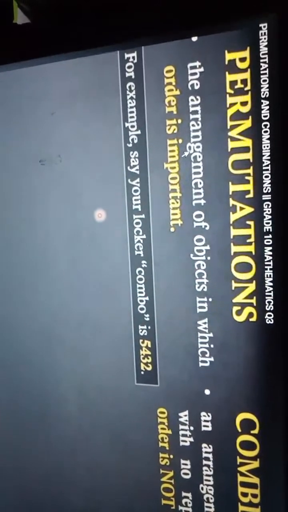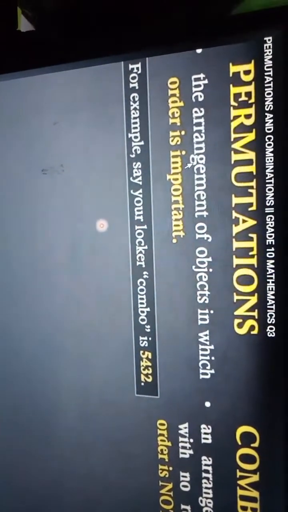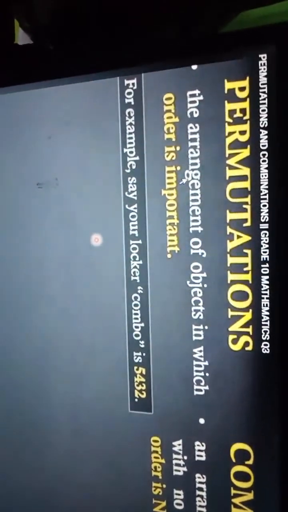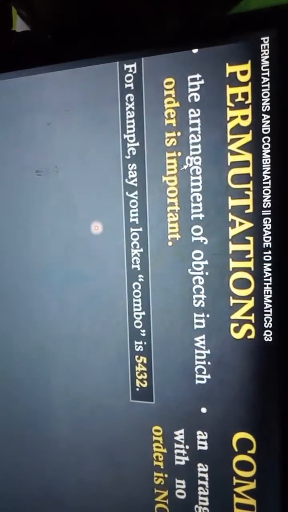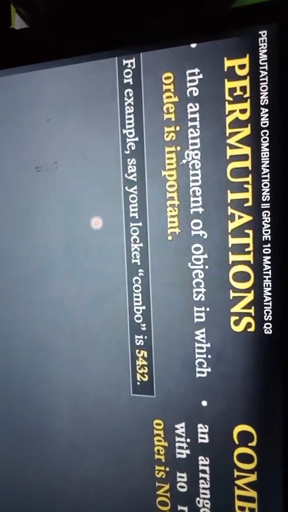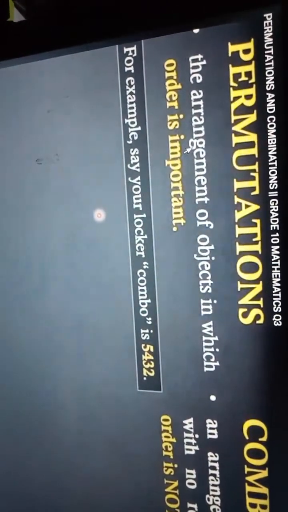Then also in permutations, we have the so-called three types or subparts of permutation. The first is the permutations of an object.